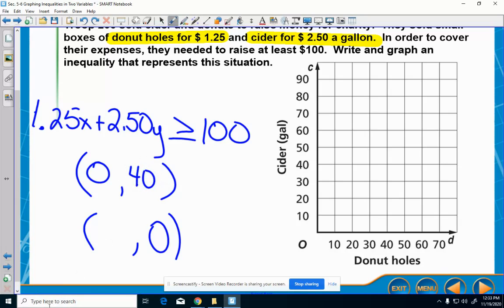Which means you could make your $100 by just simply selling 40 gallons of the cider and being done. Boom. There's an ordered pair right there. And if you did the exact same thing with donut holes instead of cider, essentially you're making the 250Y go away. How many boxes of donut holes would you have to sell to get your $100? 80. So here, I'd have a value out there at 80.